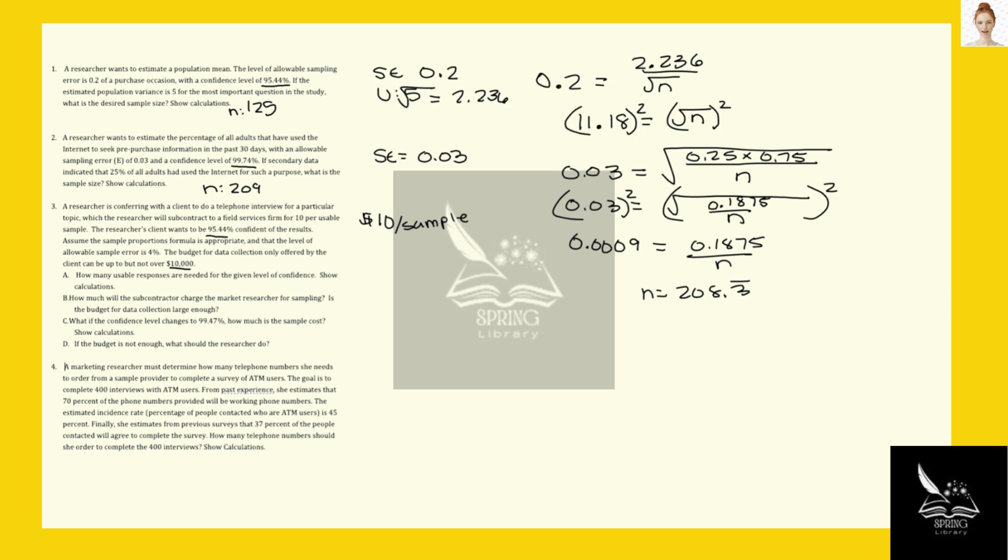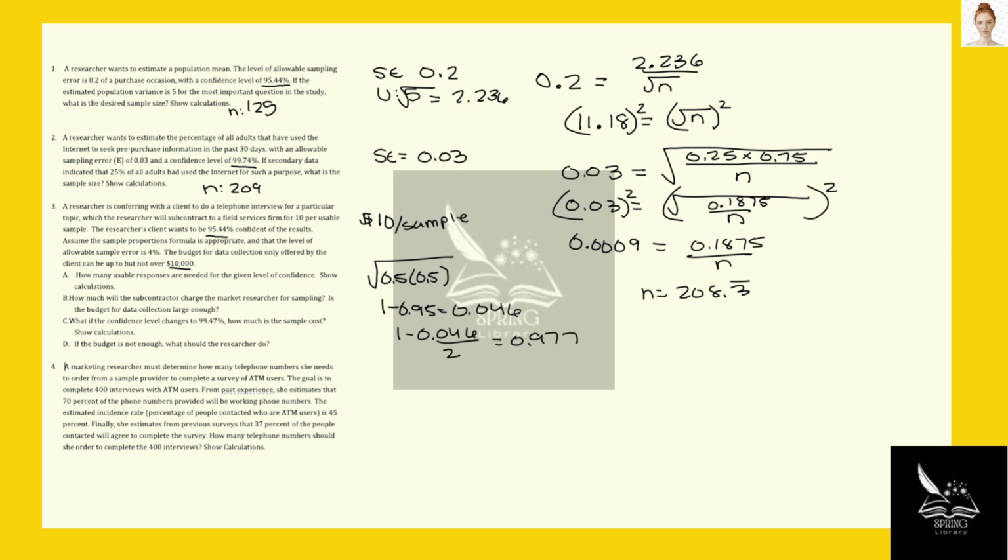Show your calculations. Okay, so for this, what I would do is take the square root of 0.5 times 0.5. Then I'd take 1 minus 0.95, and that equals 0.046. And then 1 minus 0.046 divided by 2, and that's 0.977.